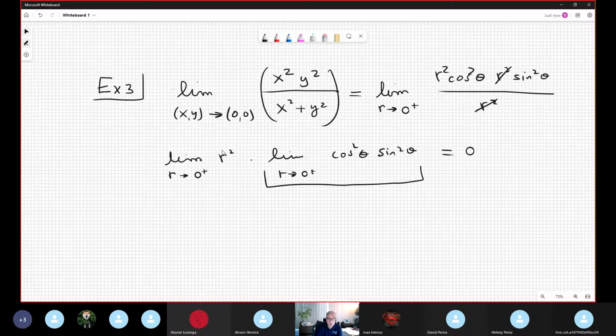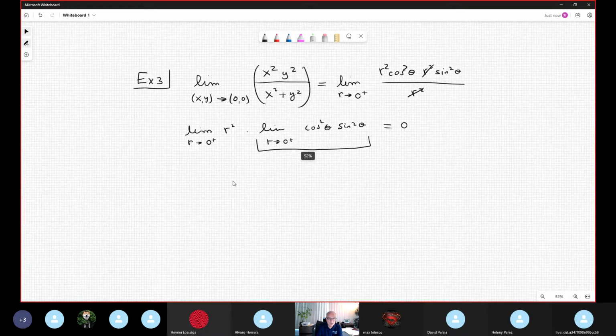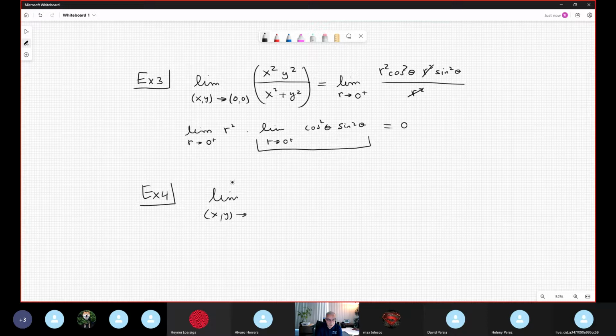Okay, you see, wow, so in any problem the answer is 0? No. Not necessarily. This case is a coincidence. Suppose example 4, and this is the last one about polar. The limit as x, y approaches 0, 0 of sine of x squared plus y squared divided by x squared plus y squared.